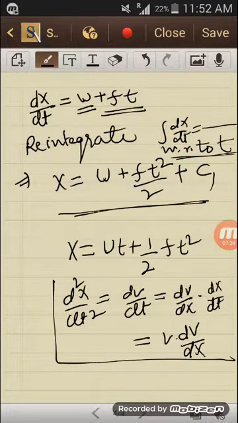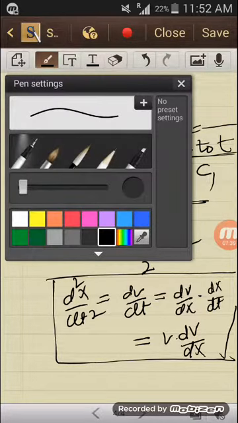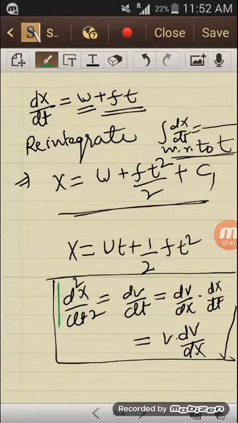This is a very simple thing, keep it in this box. Later I will mark this equation.